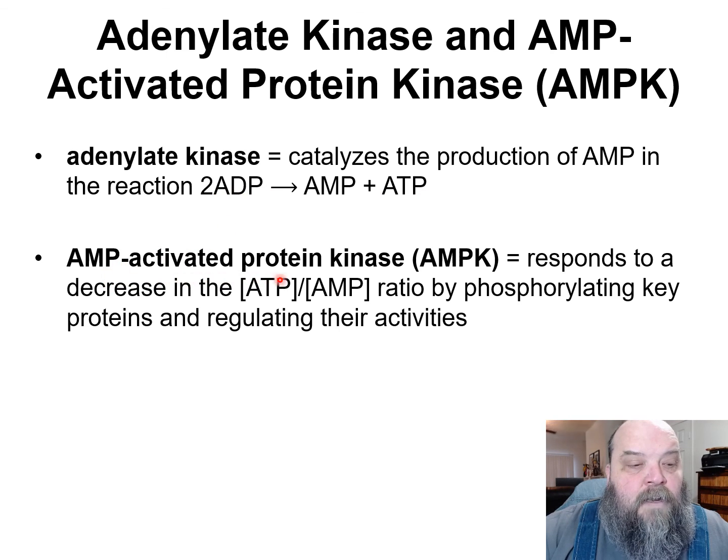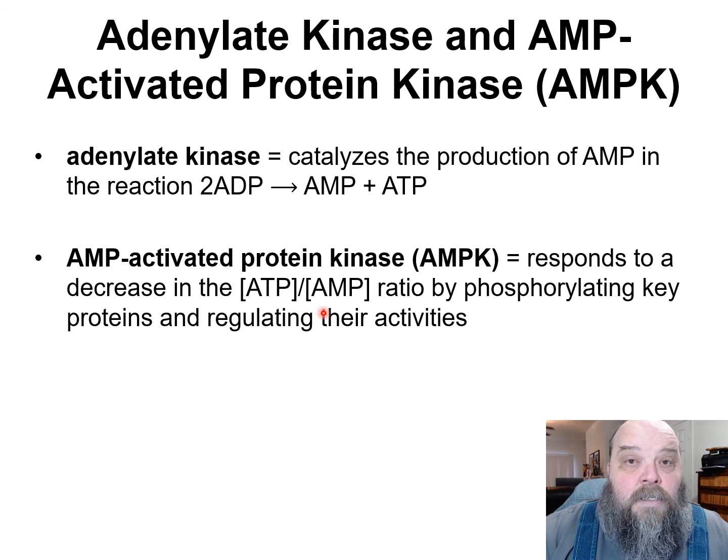AMP-activated protein kinases. These protein kinases look for this level here. When ATP is so much higher than AMP, a high ratio, these are not activated.